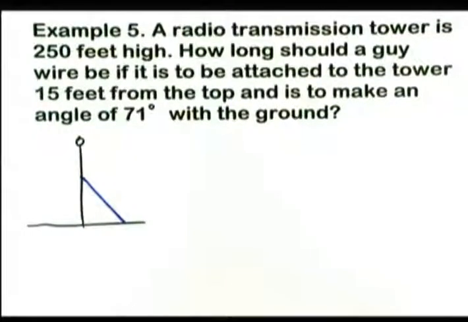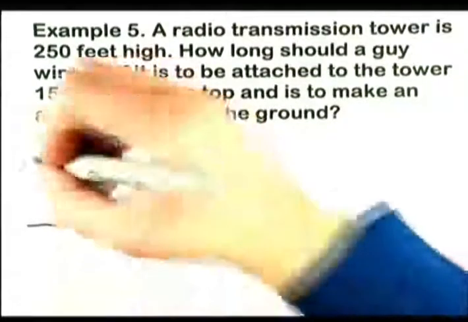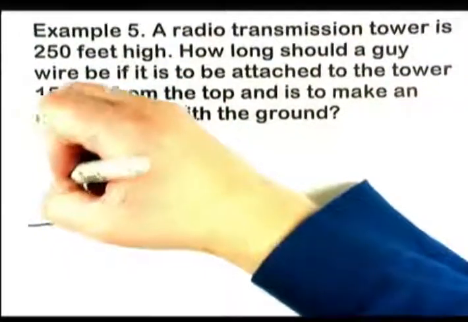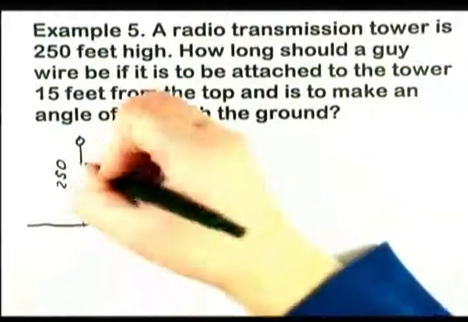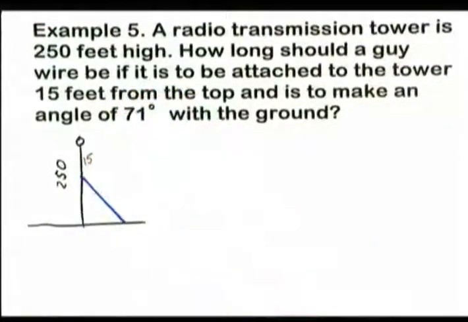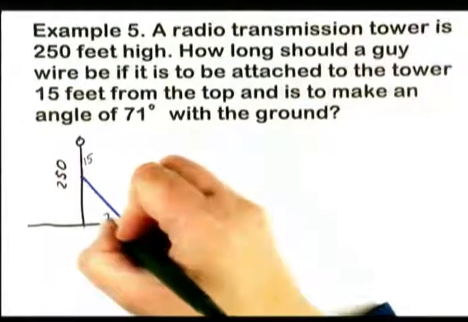So we know that the whole transmission tower is 250. But we know that the guy wire is to be attached 15 feet from the ground. So we know that this side is 15 feet, and it makes an angle with the ground of 71 degrees.